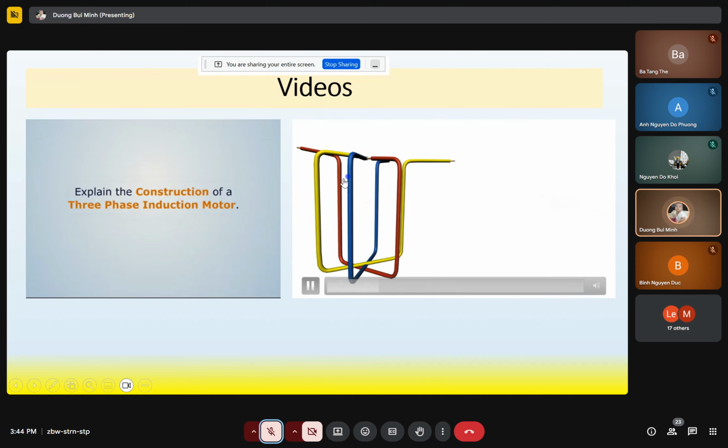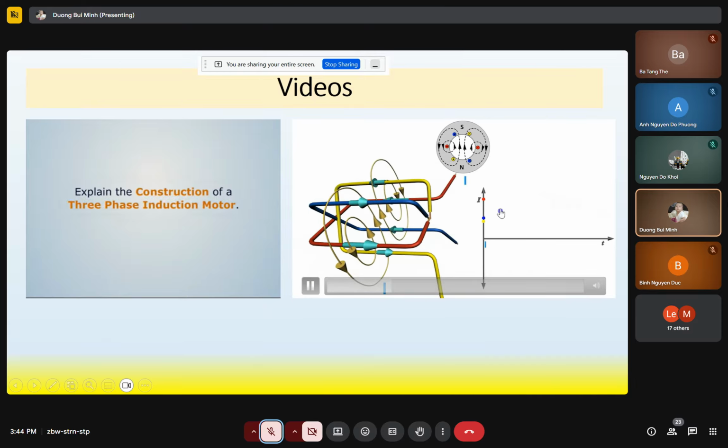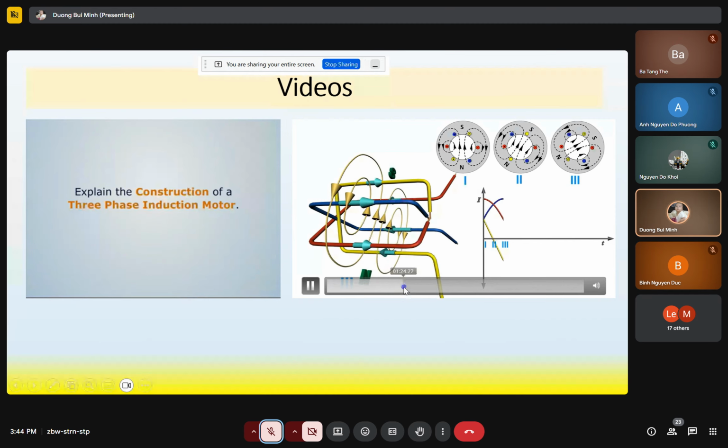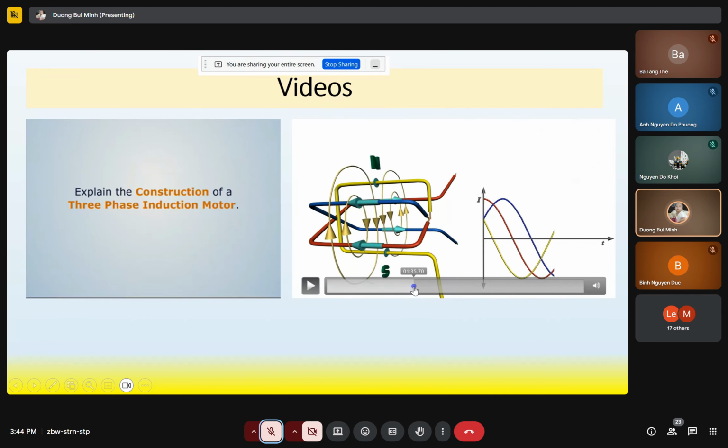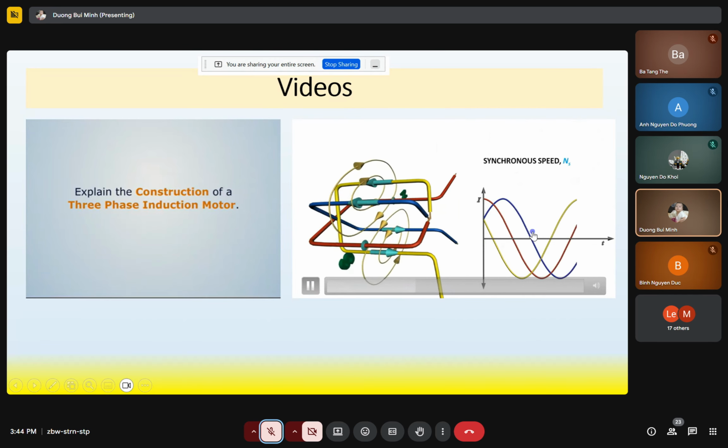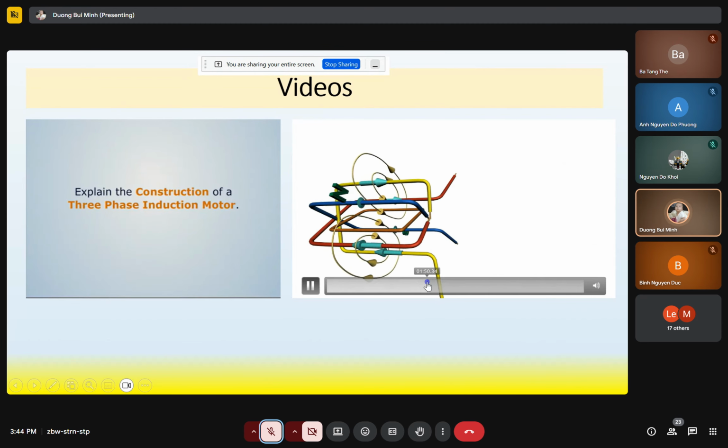The three-phase windings. Because we have three-phase windings and three-phase current, the stator magnetic field is rotating. We have three-phase stator current, so we get the stator rotating magnetic field.